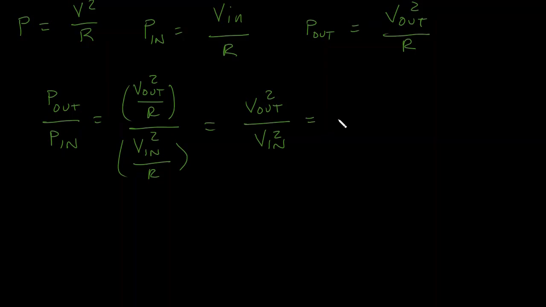By the way, we can also write that as V out over V in, quantity squared. So now what do we do with that?